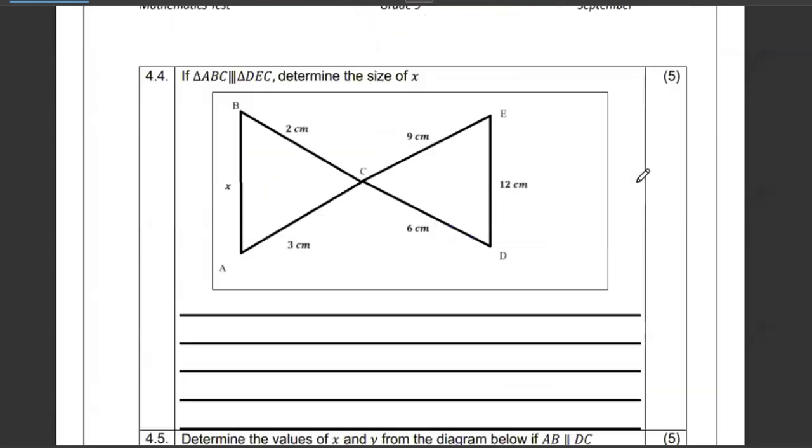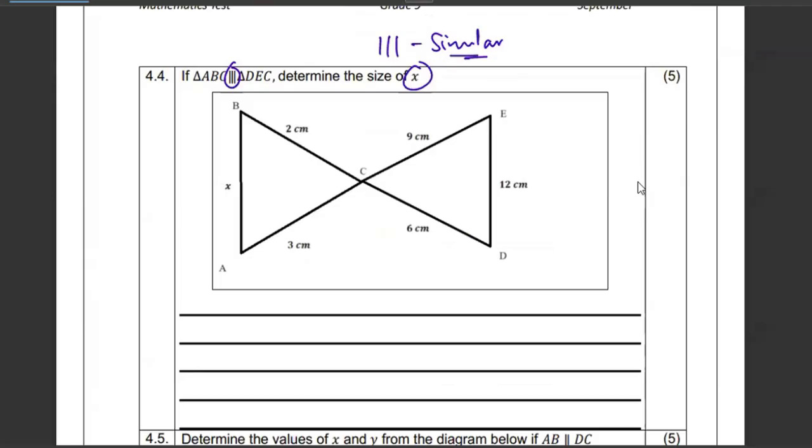And then 4.4, they're telling us that ABC, now the three lines that are facing up represent similarity. Okay, so the triangles are similar, meaning that the angles are the same, but then the opposite sides will be in proportion. They want us to get the size of X. Okay, let's see.